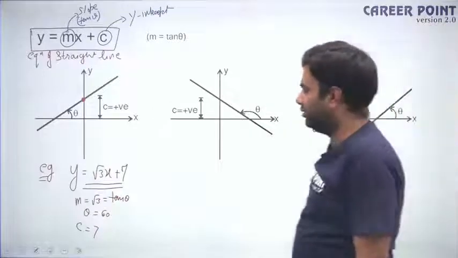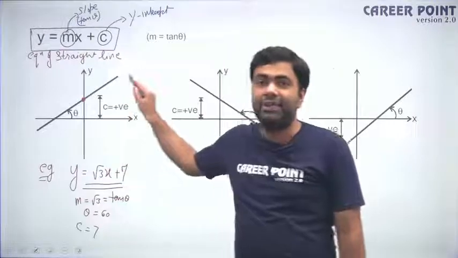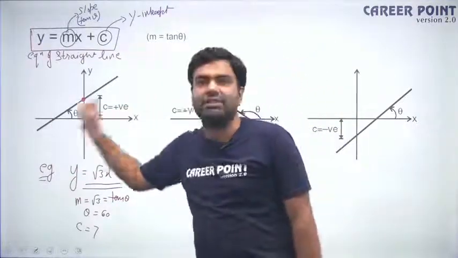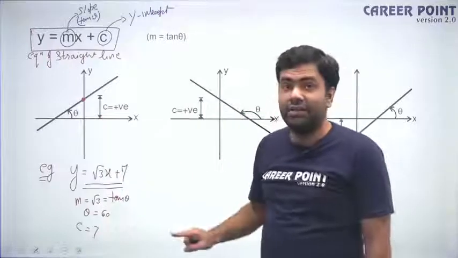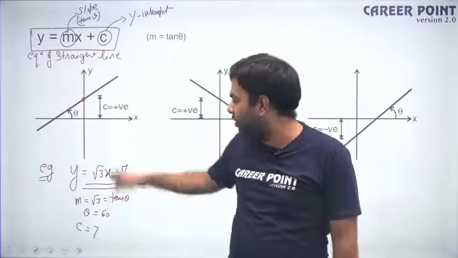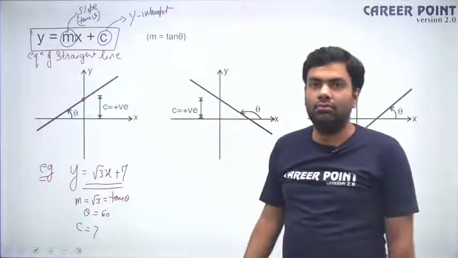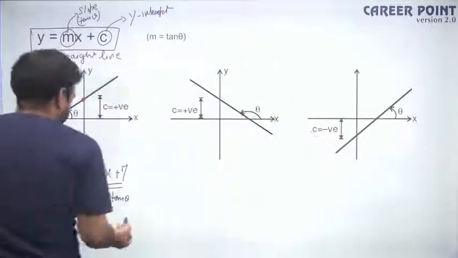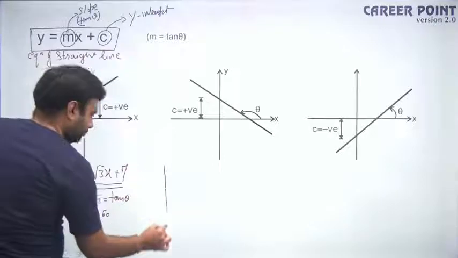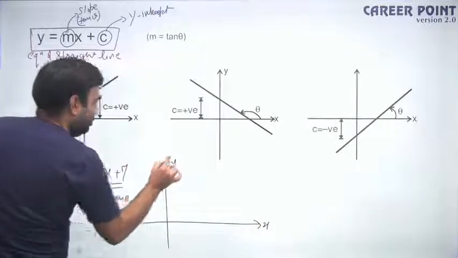Yes, Himal, very good. So theta is 60 degree. That means this straight line will make 60 degree in anti-clockwise direction from this x-axis. And it will cut the y-axis at a distance of 7 in positive y direction. So if we want, its graph will be like this. This is x, this is y.